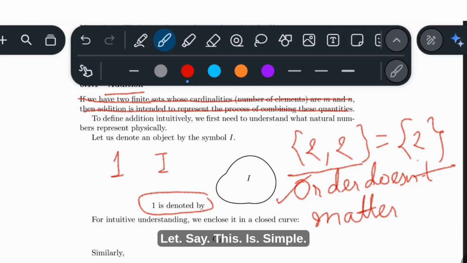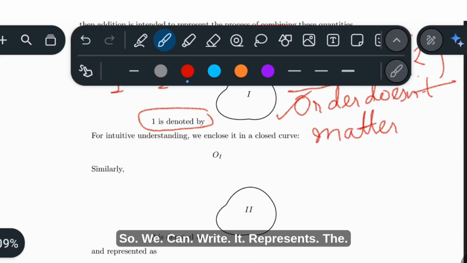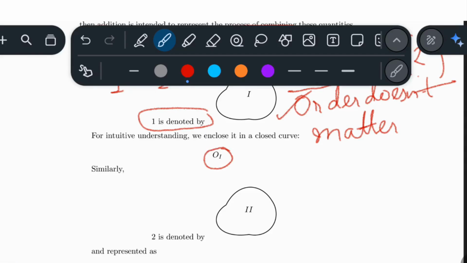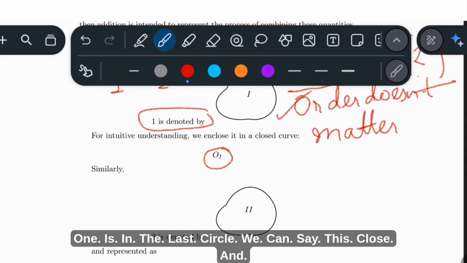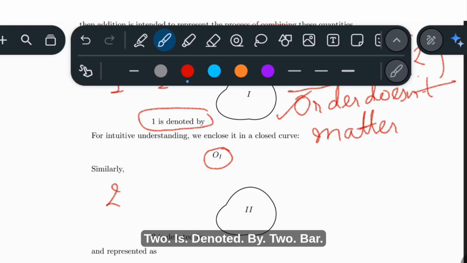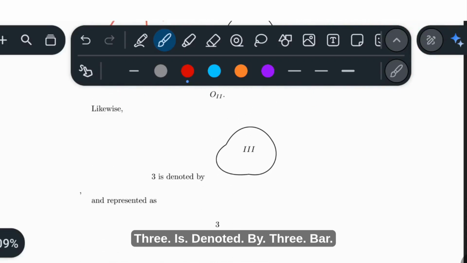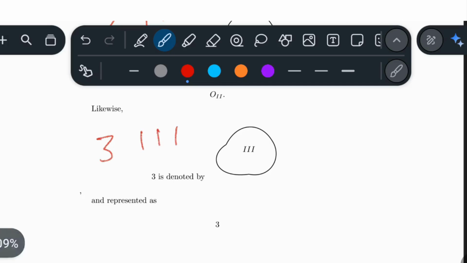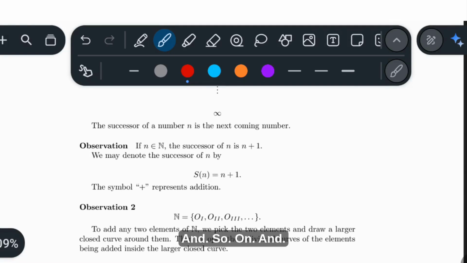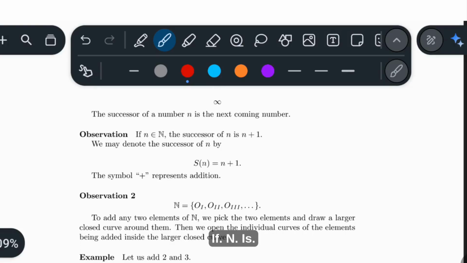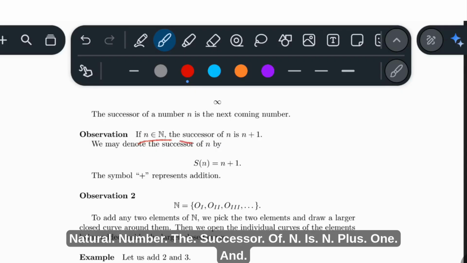Let's say this is simple. 1 is in a large circle, we can say a closed curve, and 2 is denoted by 2 bar, 3 is denoted by 3 bar, and so on. And if n is a natural number, the successor of n is n plus 1, and it is simple.